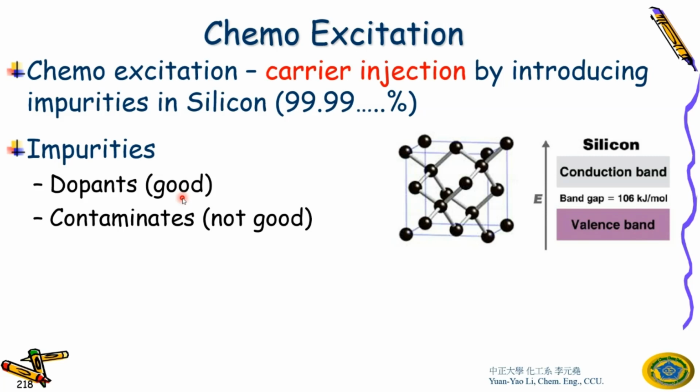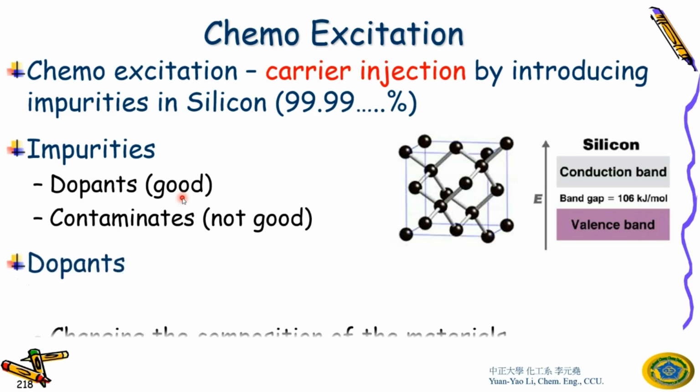You don't want to eat rice for the rest of your life, right? So this is a contaminant. It's not good at all. That baby cockroach is also a kind of impurity. So for impurity, you have good or you have bad. And today we are going to talk about good impurity, which we call dopant.